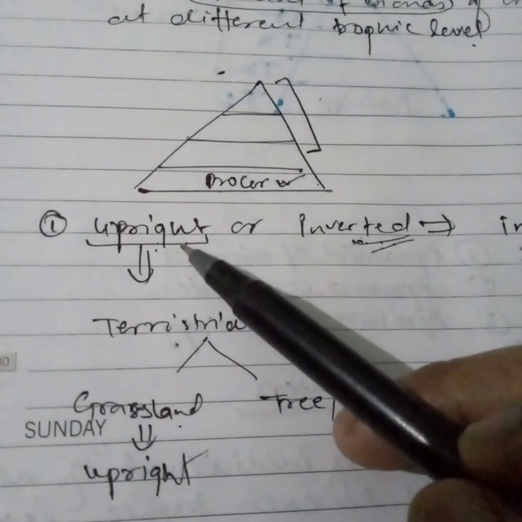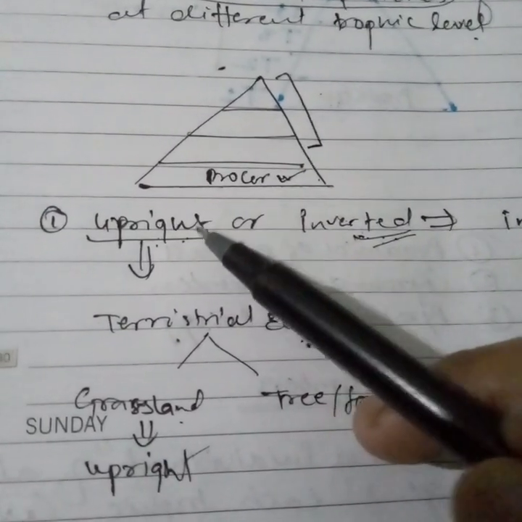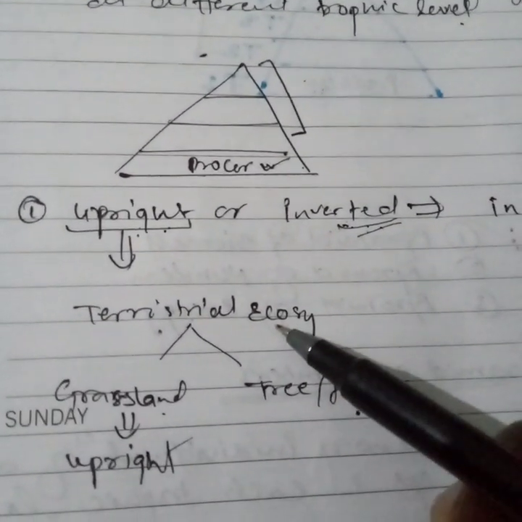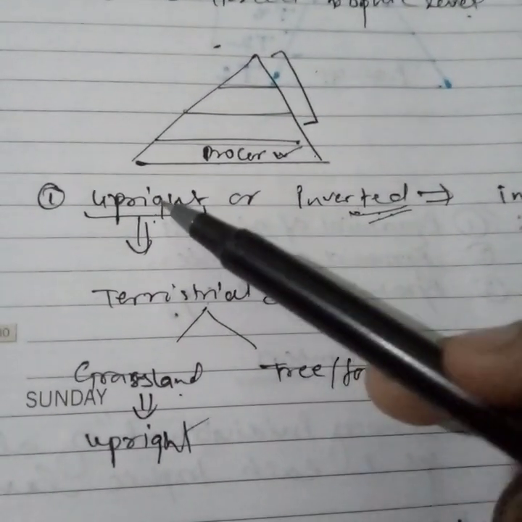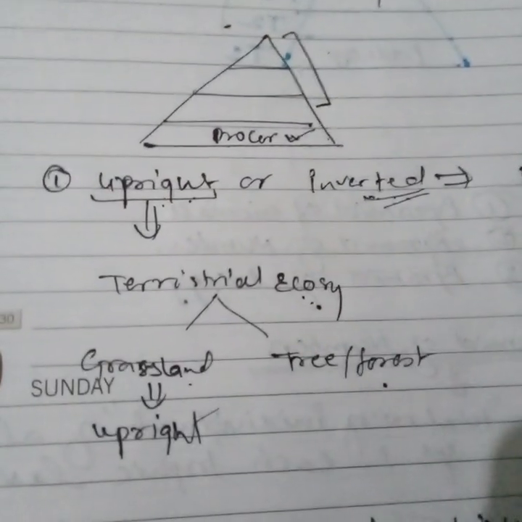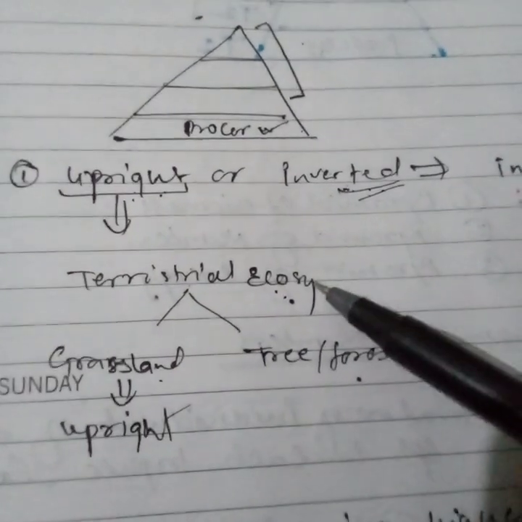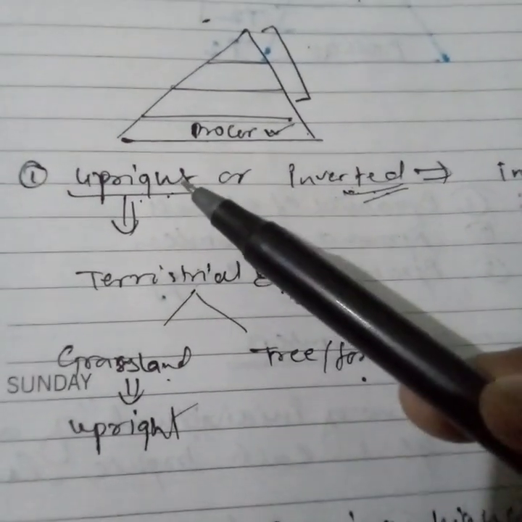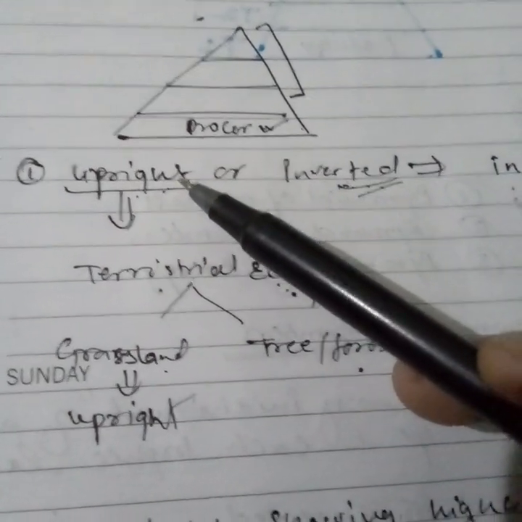But if we talk about the upright shape of pyramid of biomass, the terrestrial ecosystem shows the upright kind of pyramid of biomass. But in the terrestrial ecosystem, the shape of the pyramid of biomass is invariable.